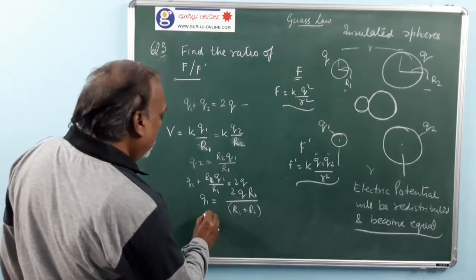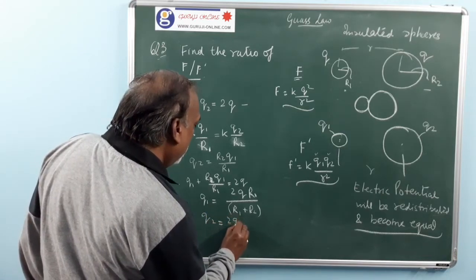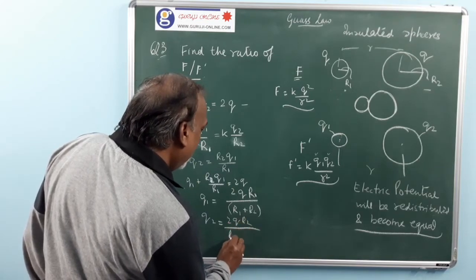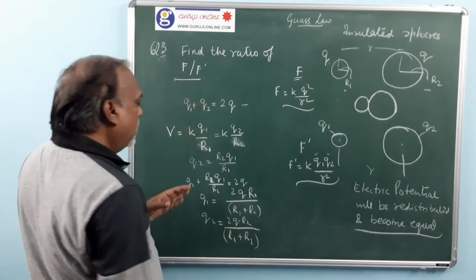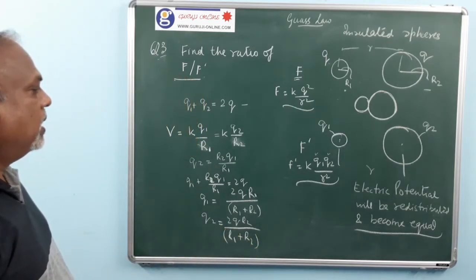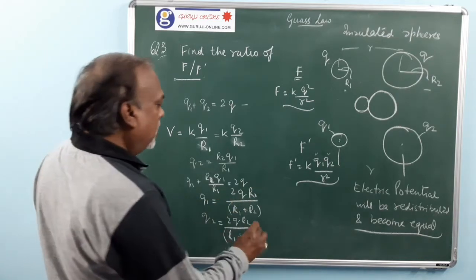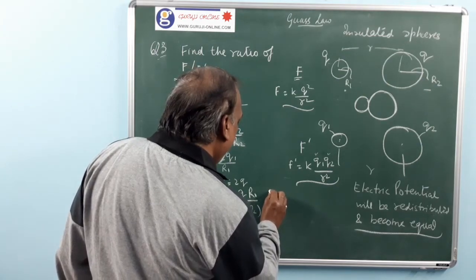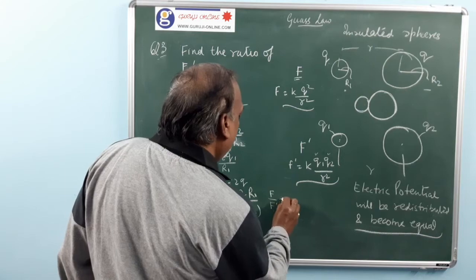Likewise, your Q2 will be nothing but 2Q R2 upon R1 plus R2. It is just simple mathematics. Now Q1 and Q2 we can substitute here. Basically we have to find out the ratio.